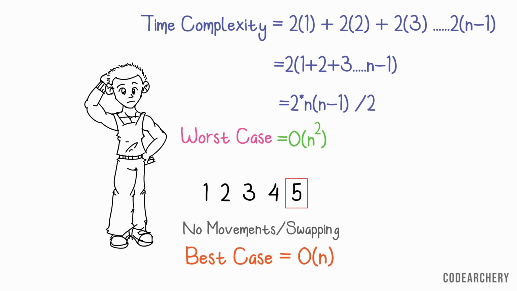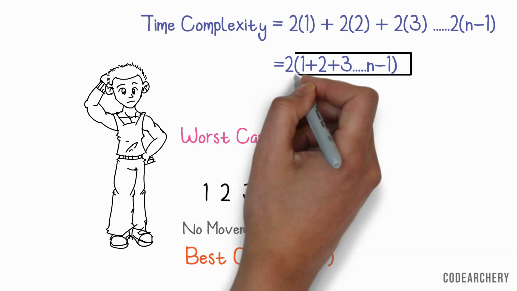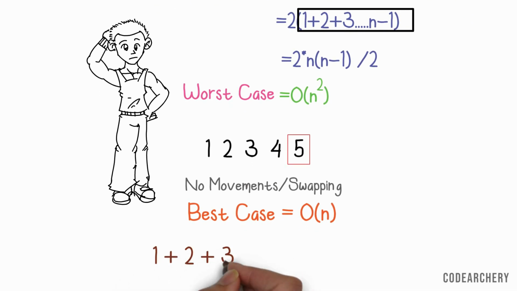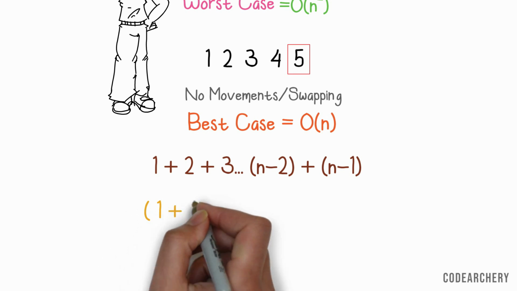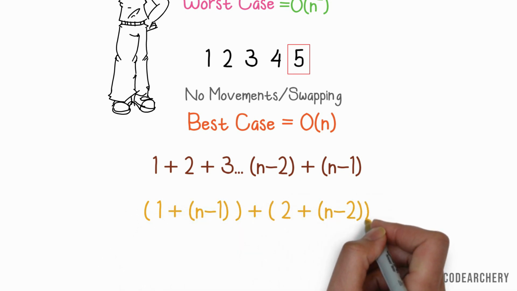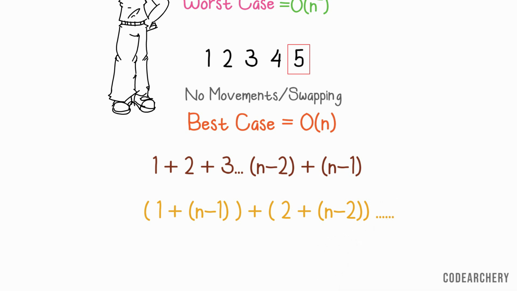There might be a possibility that some of you might be confused about the formula. So I'll explain quickly. 1 plus 2 plus 3 plus up to n-2 and n-1 is our series. So if we just rearrange the series, just pairing up the first and last element, we'll get the series like 1 plus n-1, plus 2 plus n-2.